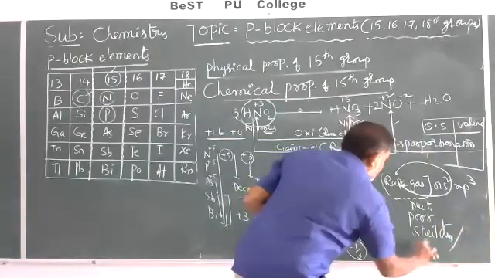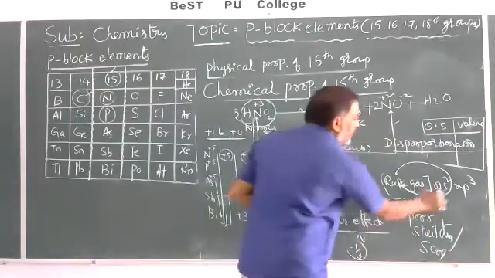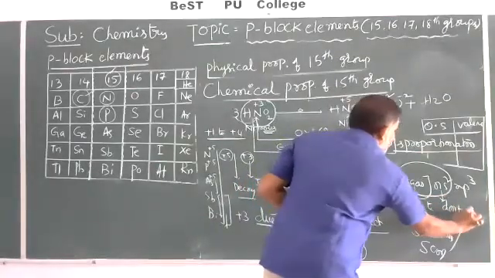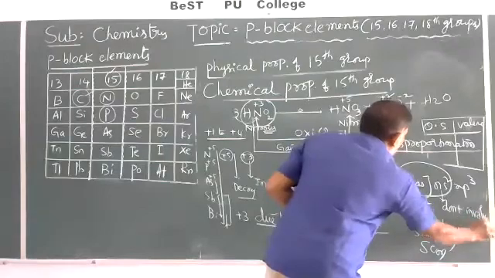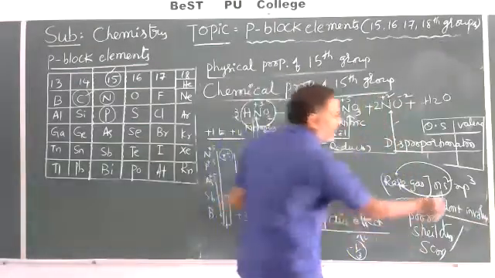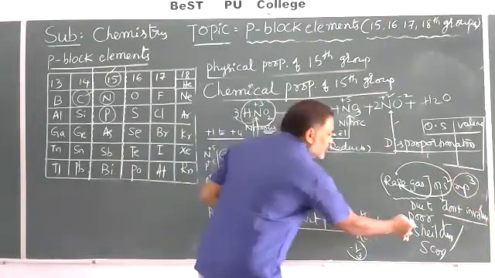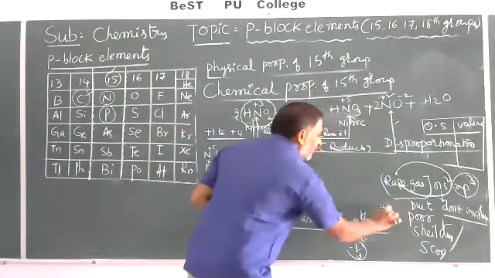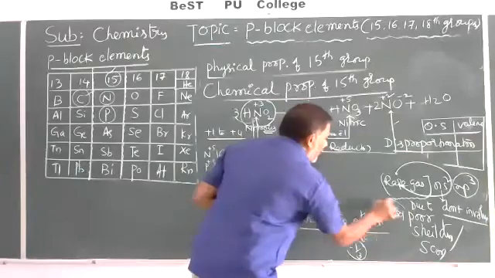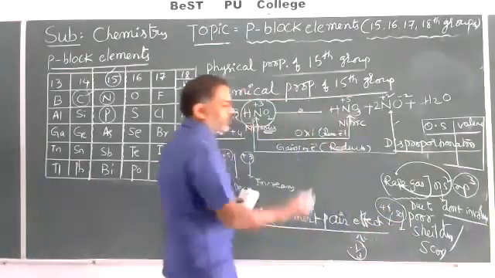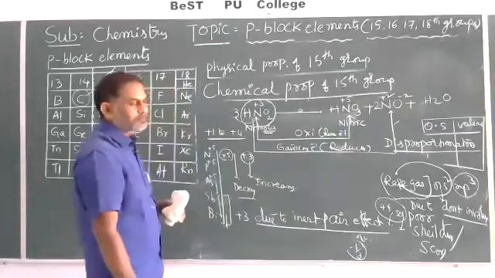Due to the shielding or screening effect, ns2 electrons do not get involved in chemical bonding. Only the np3 electrons are involved. To show the poor shielding effect, the 4f and 5d orbitals are mainly responsible. That is, f and d orbitals are responsible for the poor shielding effect.